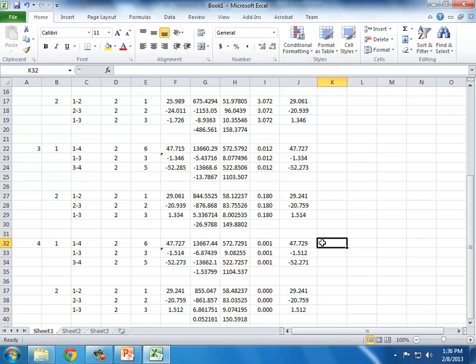Pipe 1.3 is 1.512, and that's within the context of loop 2 being positive, so it's going to go that way. And pipe 2.3 is negative, meaning against the flow direction, 20.759. And so let's check that and see if continuity is honored at junction 3.